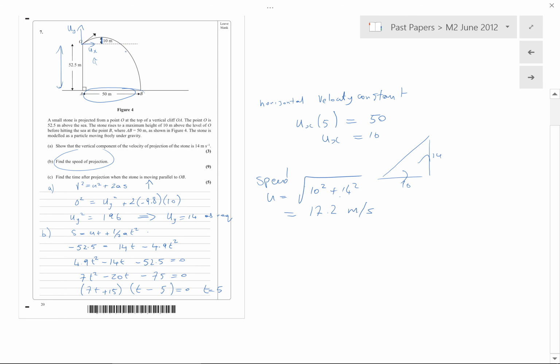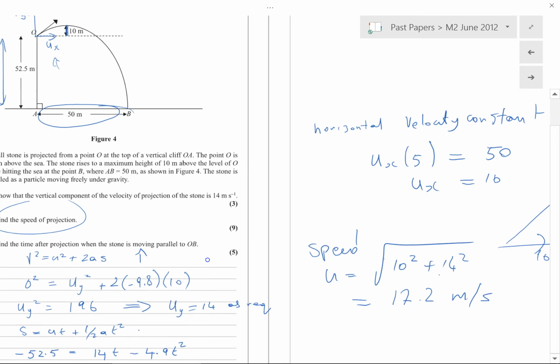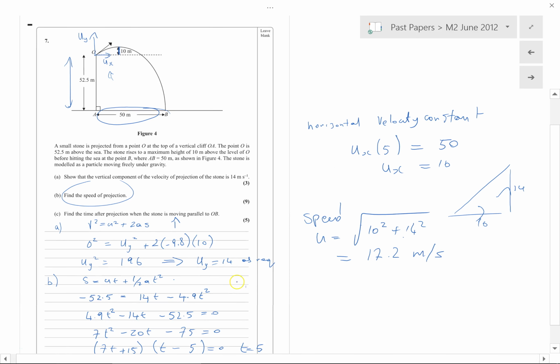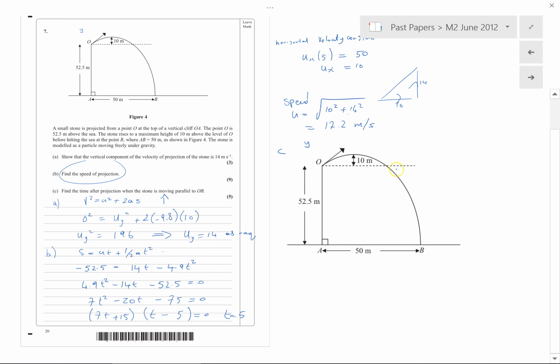It says find the time after the projection when it's moving parallel to OB. Let's just tidy this up a bit. It's basically asking for the time when it's going in this direction. If I could draw a line between O and B, that would help.